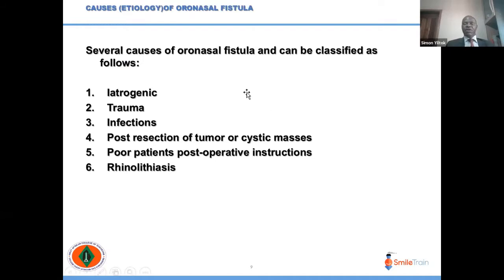There are several causes of oronasal fistula, and these can be classified under 6 categories: iatrogenic, trauma, infection, post-resection of tumor or cystic mass around the palate, poor patient compliance to post-op instructions, and rarely rhinolithiasis, which has been reported in a few cases.